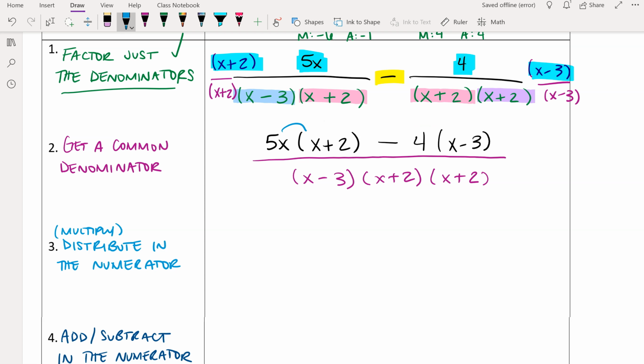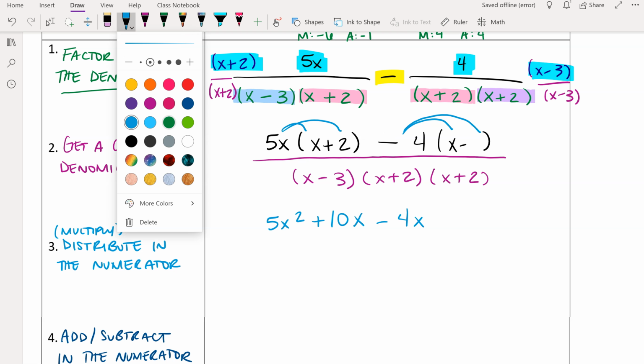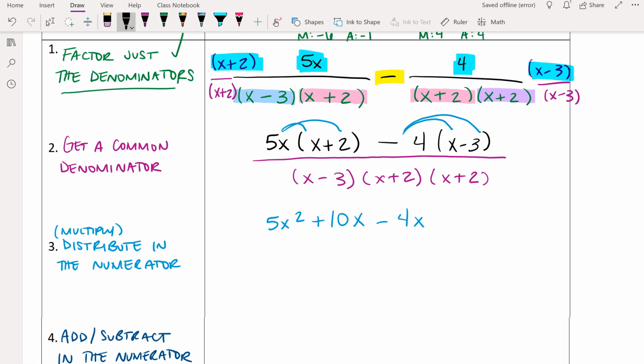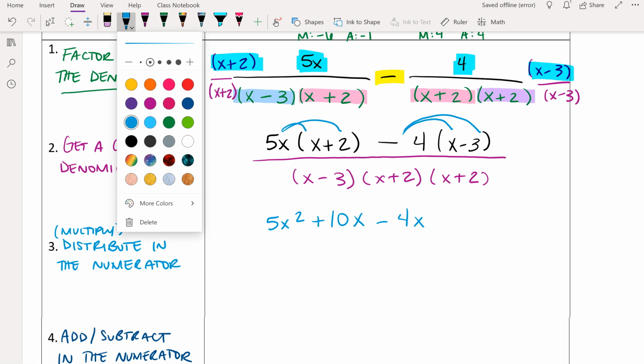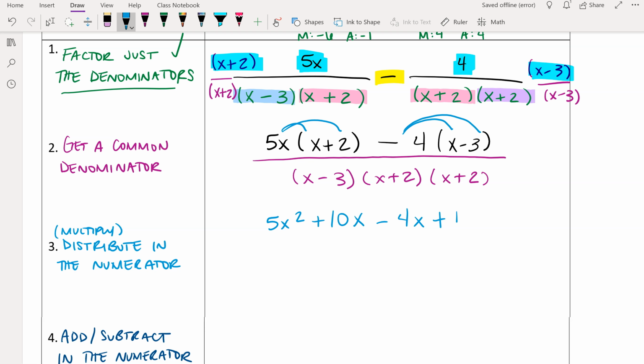We get 5x squared plus 10x minus 4x, plus, because we have a negative times a negative, so that would be plus, oops, sorry y'all. We have plus 12, because negative 4 times negative 3 is 12.